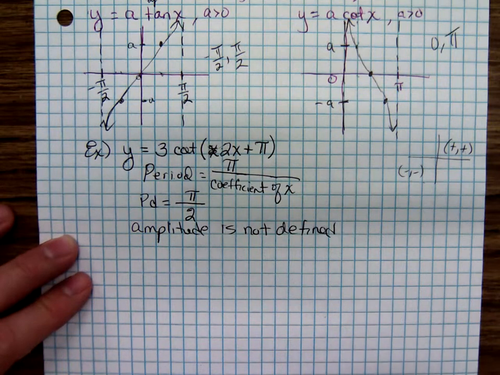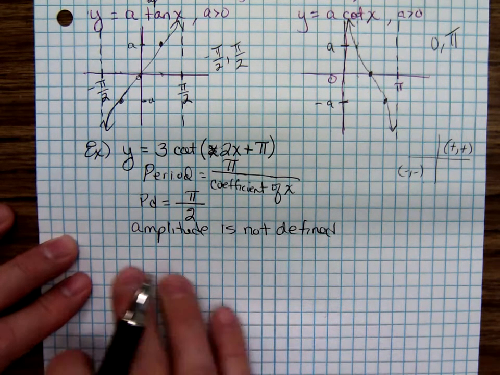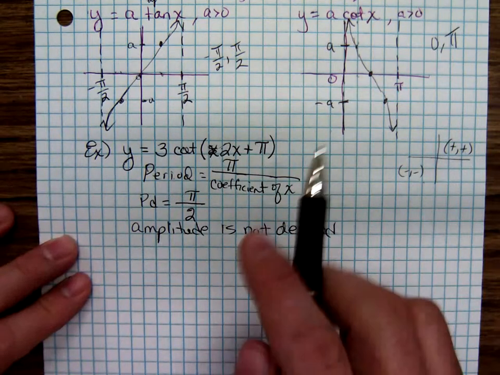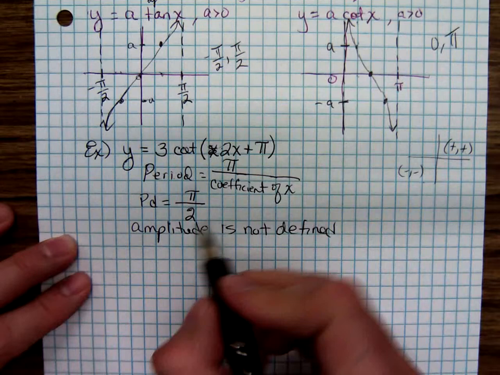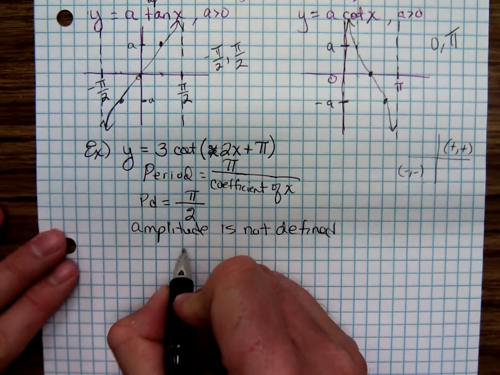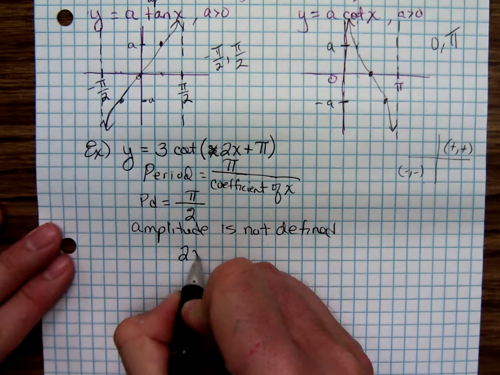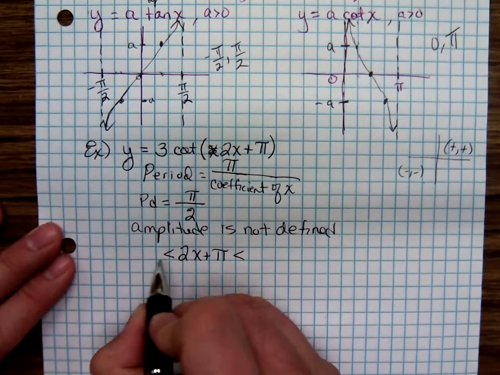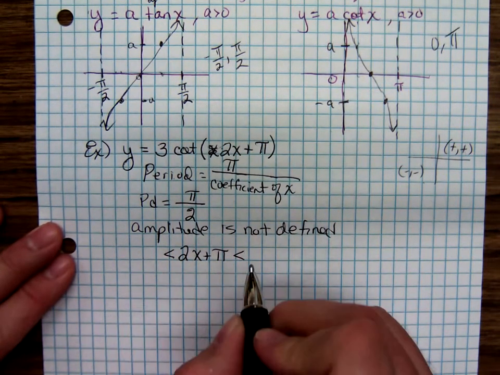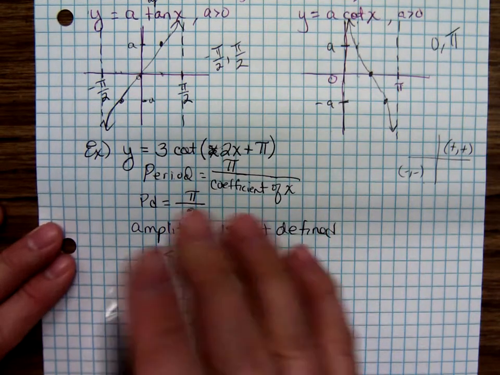The key is going to be finding these asymptotes. And we're going to find the asymptotes the same way that we found the starting and stopping points on sine and cosine. With sine and cosine, you took the angle and set it between what two numbers? 0 and 2 pi for sine and cosine.